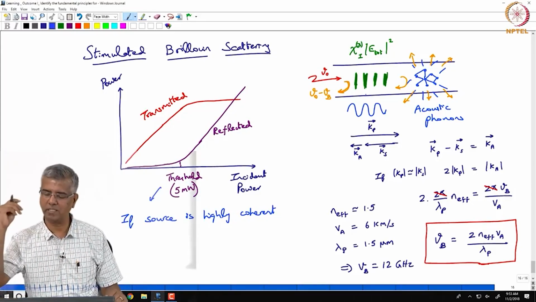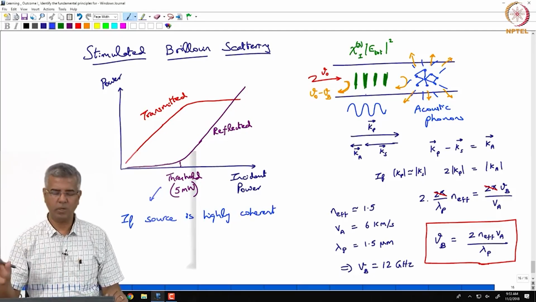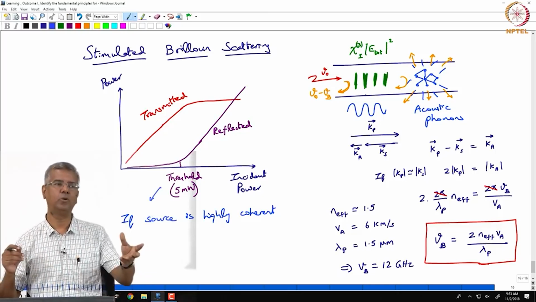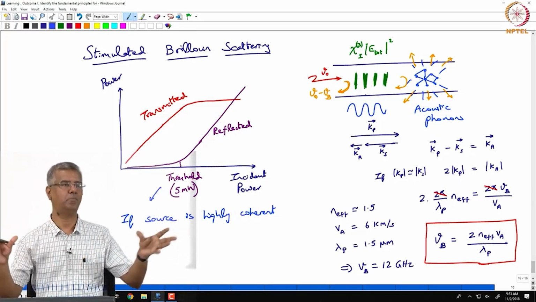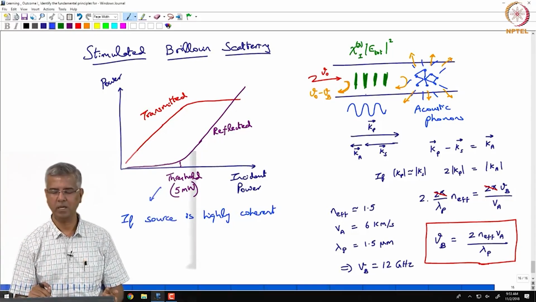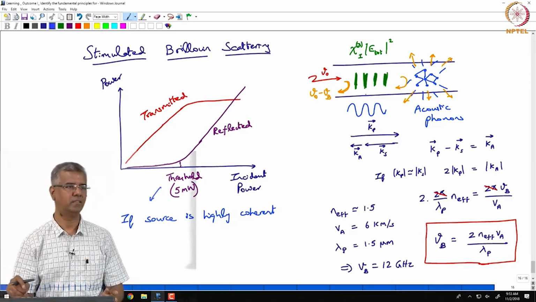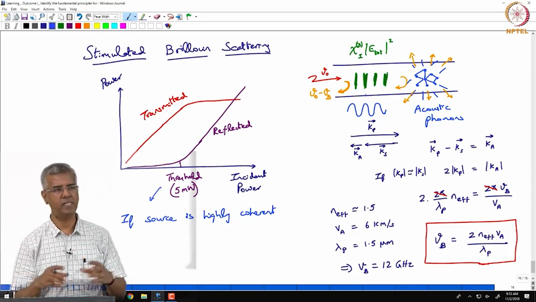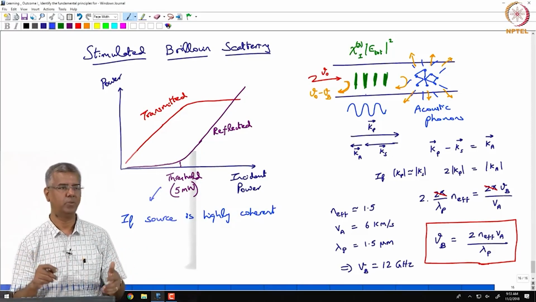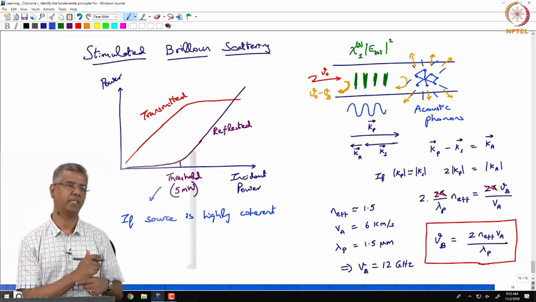And why am I calling it stimulated Brillouin scattering? Because Brillouin scattering happens at any power level. When light goes through the medium, it gets scattered by these acoustic phonons in the medium. But only beyond a certain power level, the scattered light interacts with the incoming light and creates a grating which really enhances the backscattered light.